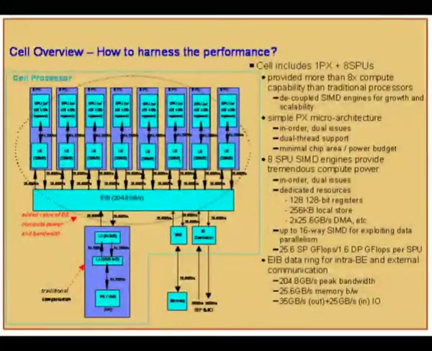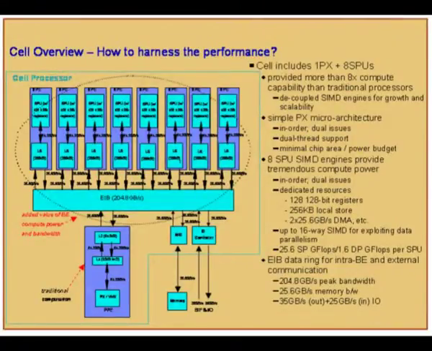So we've covered the strong points. By now everybody knows that 8 plus 1 is the magic number, and actually it's 8 plus 2. These SIMD engines are decoupled. That's another key thing. There is a very simple architecture, with no complex hardware-based features. Obviously, the PPU is two-way multi-threaded.